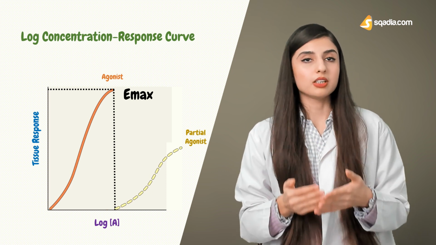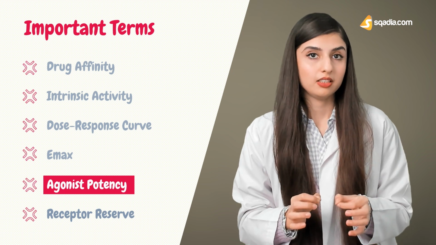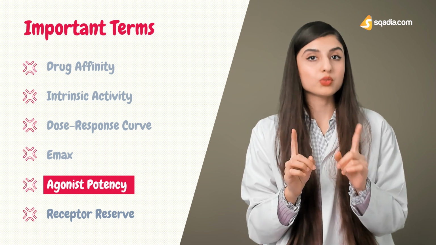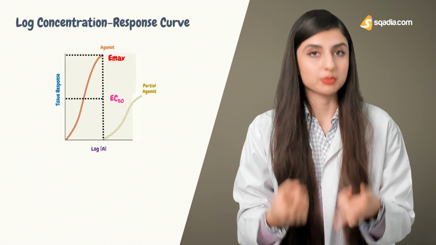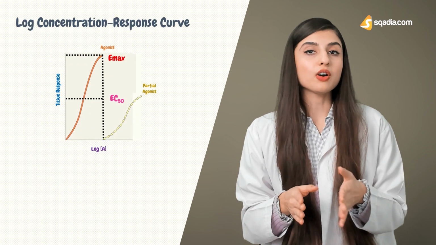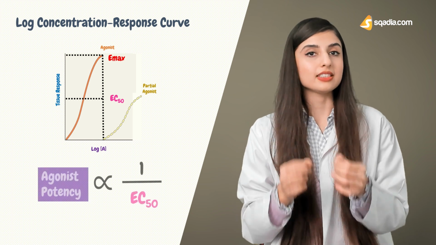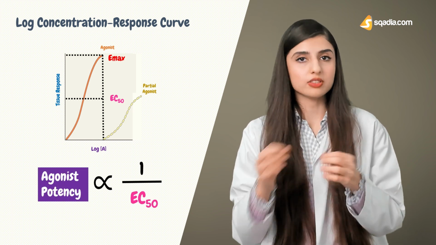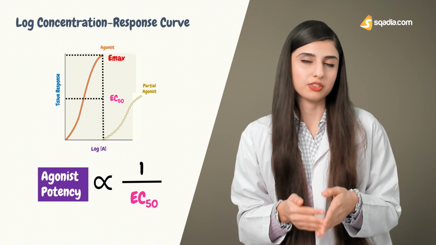Now, another term we're going to be using a lot is the agonist potency. Now, potency is the amount of agonist needed to elicit a desired response. And the potency of an agonist is inversely related to its EC50 value, which is the concentration of the drug when 50% of the response is achieved.